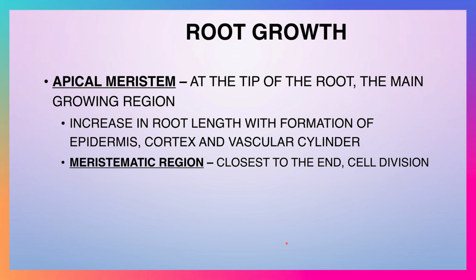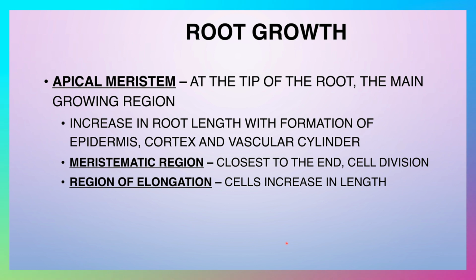The meristematic region of the root is the closest to the end, and it is where the cell division actually occurs. The intermediate region of the root is called the region of elongation, and there the cells increase in length.